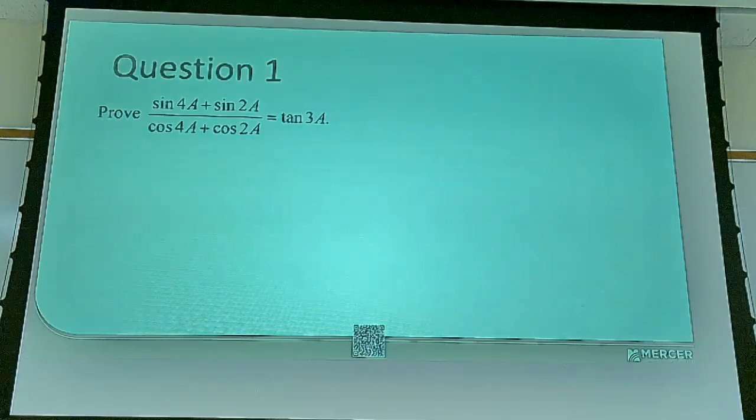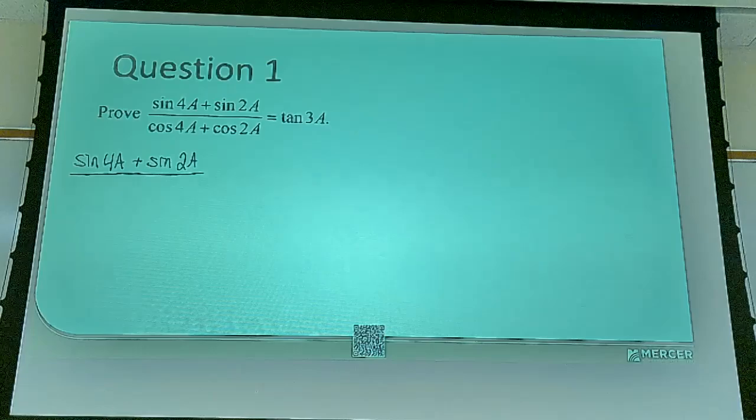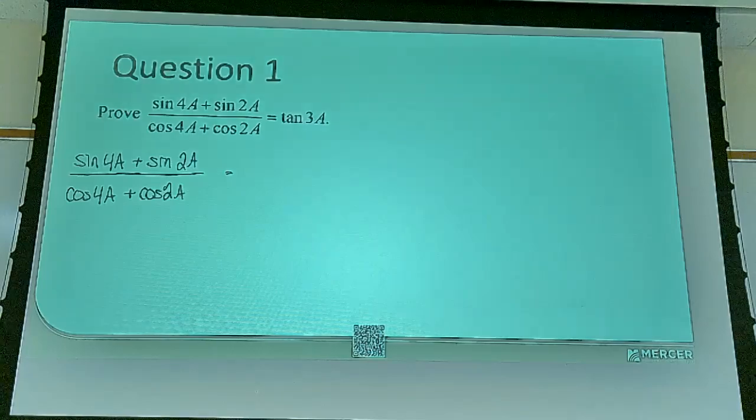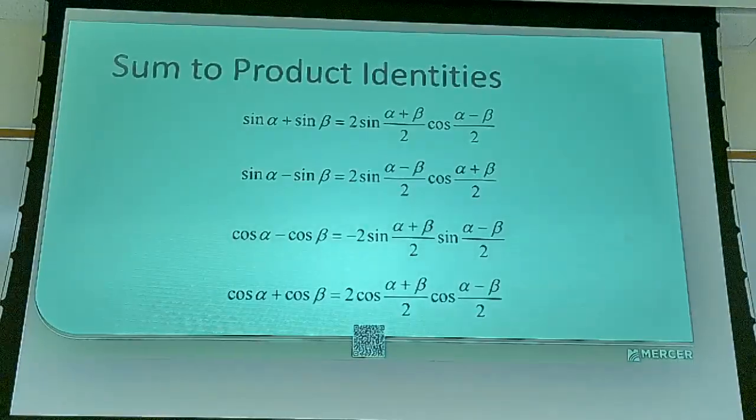So let's start with the left-hand side. And let's use the sum to product.